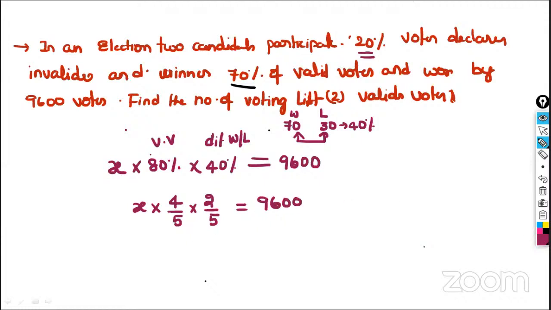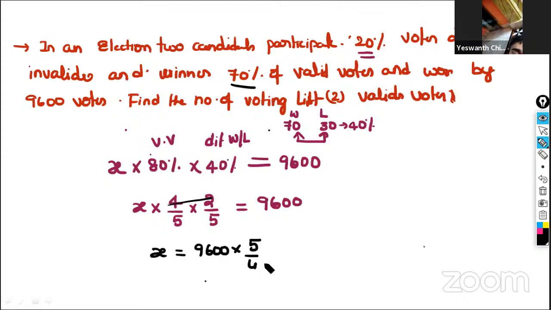So the numerator value can directly cancel. If anyone is not understanding, simply see the x value here. This fraction will become reverse, that means 5 by 4.